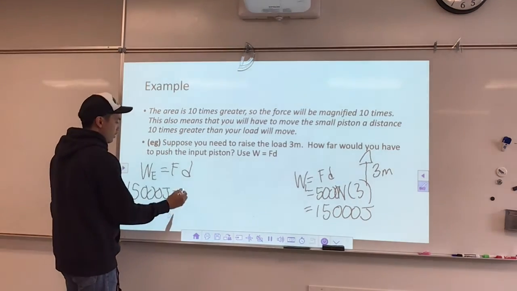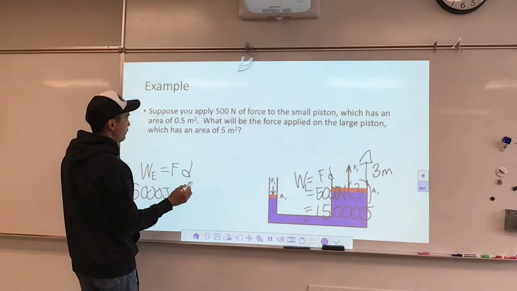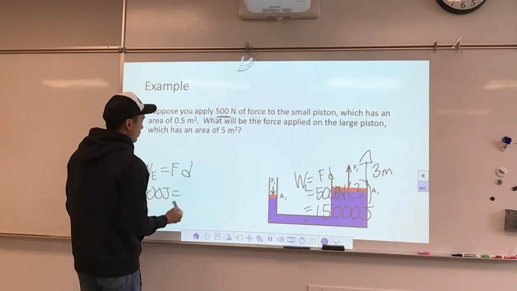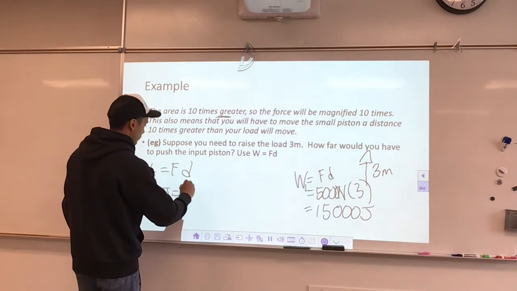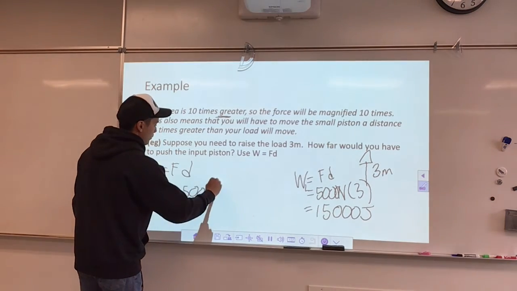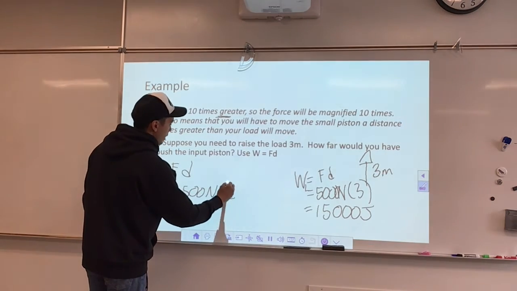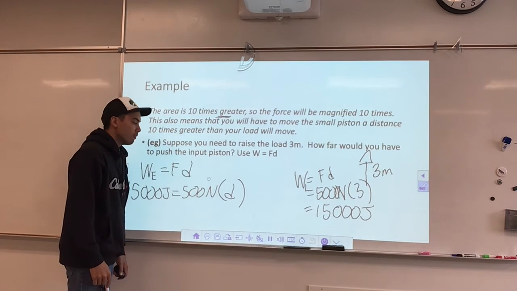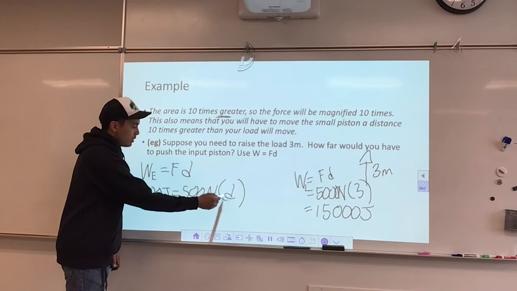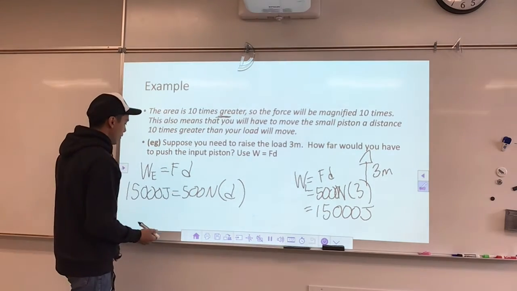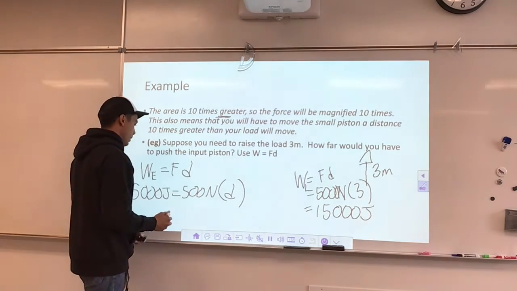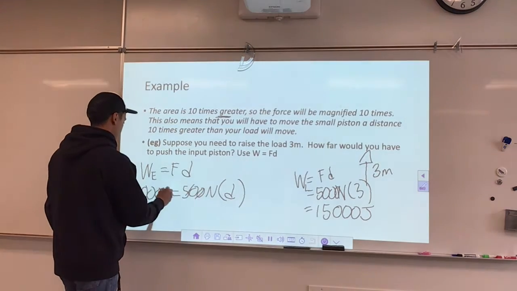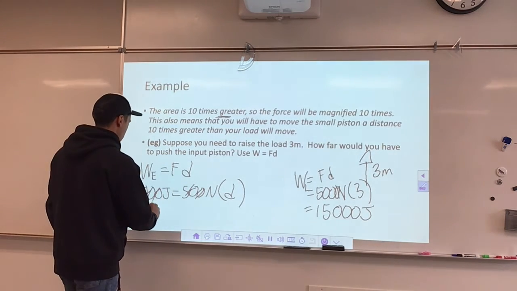The force earlier on this previous example was 500 newtons, so I'm going to use that number. And I can use that to figure out my distance. So this is kind of like going back to our solving equations. I want to figure out d, I want to divide both sides by 500. And after I do that, I get 30.